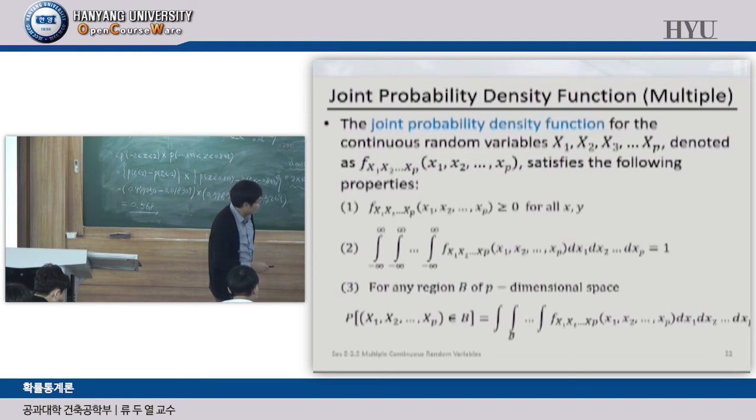And thirdly, for any region B of p-dimensional space, the probability that x1, x2, up to xp are included in region B should be equal to the integration over B. Do you remember that for the case of two continuous random variables we have already learned this concept?